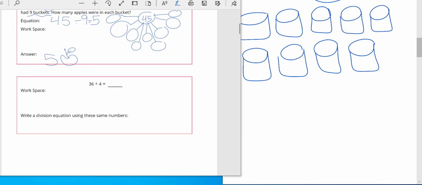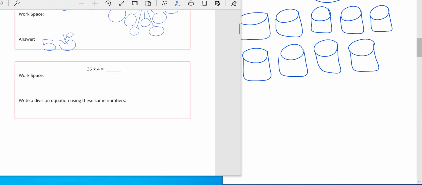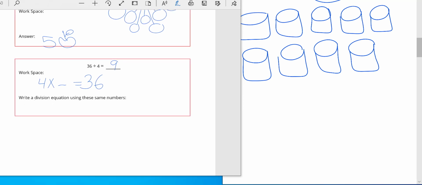The next exercise. 36 divided by 4 by using a multiplication equation. 4 times what equals 36? So 4 times 9 equals 36. Now it asks me to write a division equation using the same numbers.